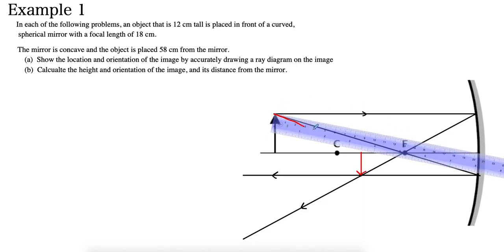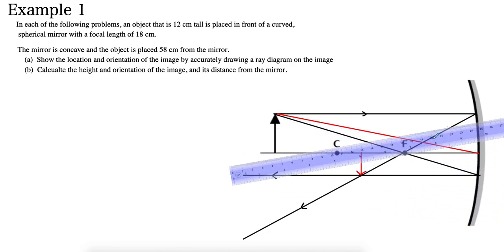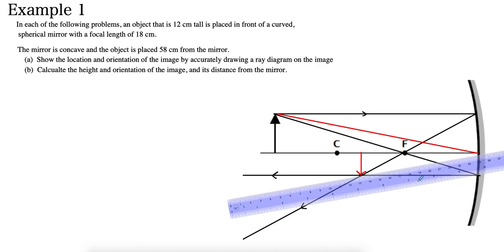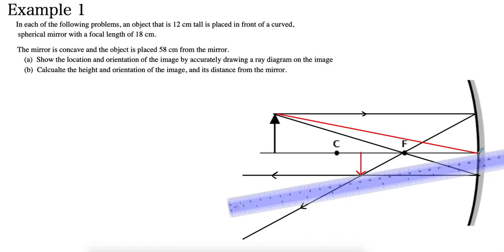The angle that this comes in at, if the ruler draws it correctly, when it hits this point, it should leave at the same angle. I'll use black so we can see. It should also go right through that point.